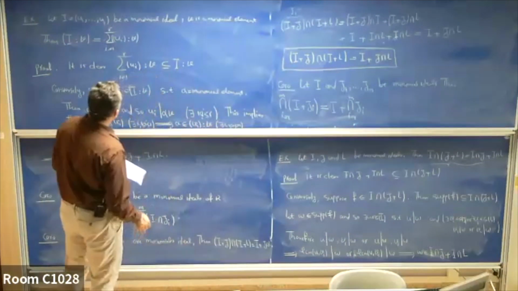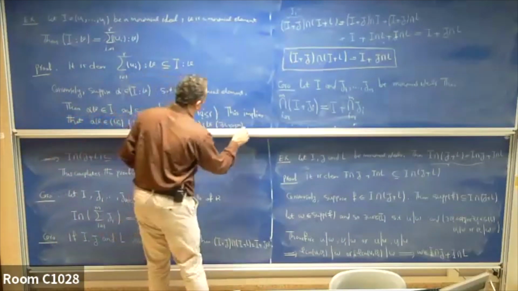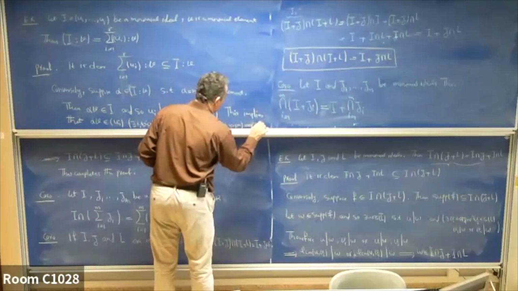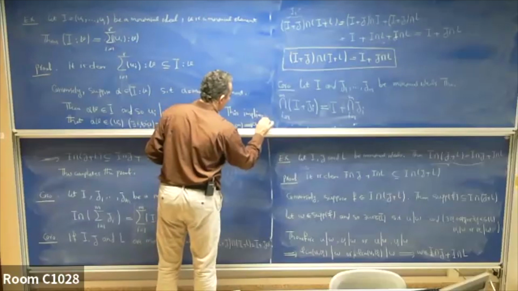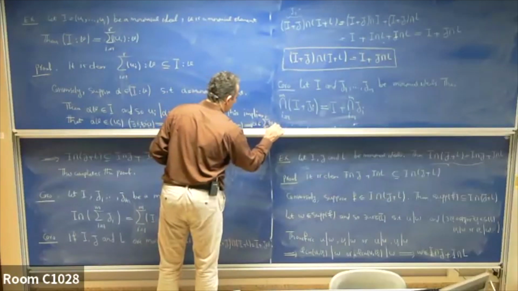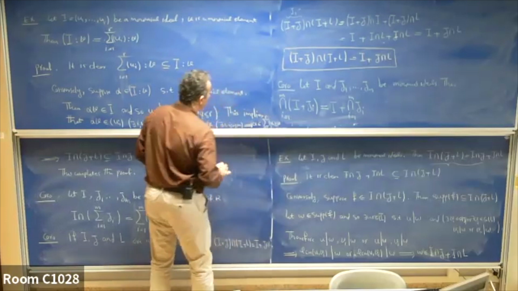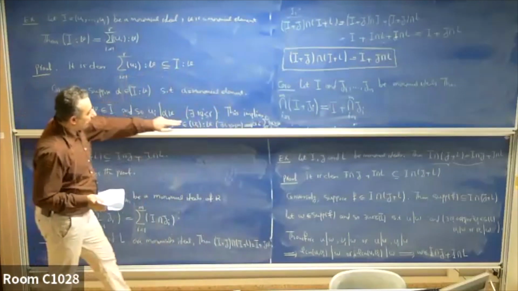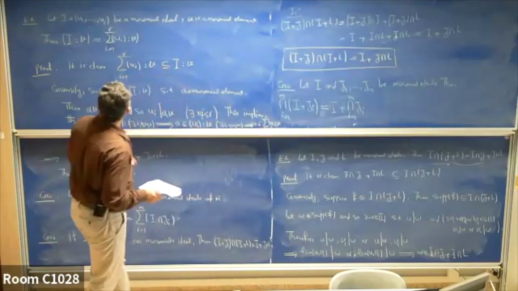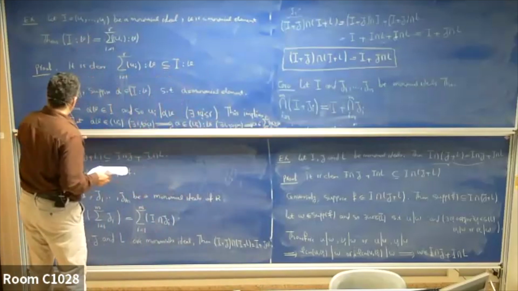So alpha is in here, and alpha is in the direct summand. So consider alpha in here. Prove that alpha is in this. Then this is equal, and this completes the proof.